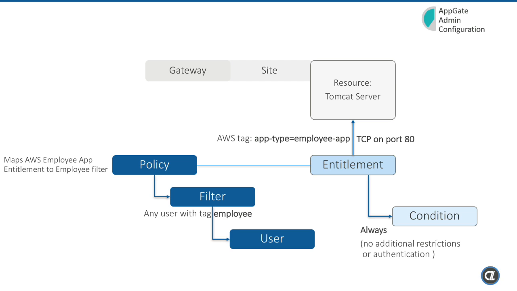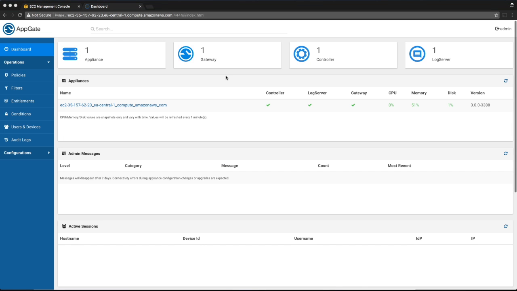We will also create a policy which will map the AWS employee app to it, but also a filter which then will allow us to automatically enable this policy for a certain user. A condition we won't use today is just always true, so that means there's no other restriction attached to it.